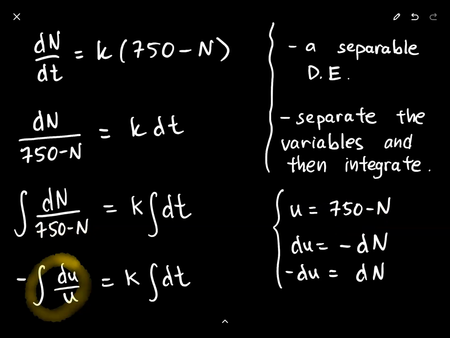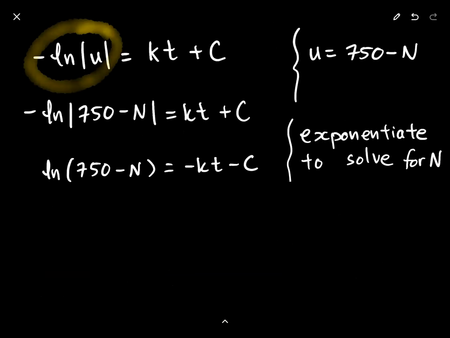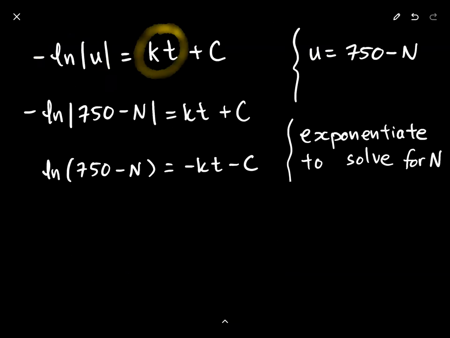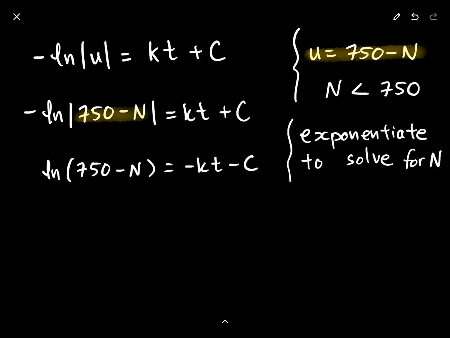So now the integral on the left is basic in u, so we can integrate. So the integral on the left is ln of u in absolute value, and the integral on the right is kt plus c. Next we'll replace back u is 750 minus n, and since from the problem we know that 750 is the limiting capacity, n will be less than 750, so the inside of the absolute value is always positive.